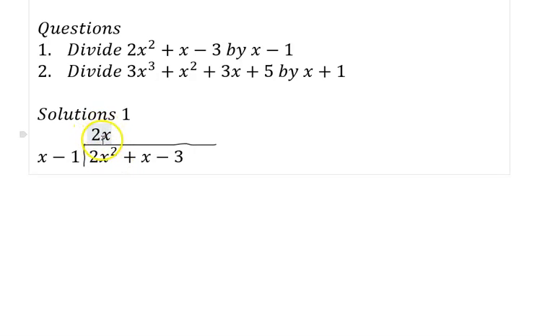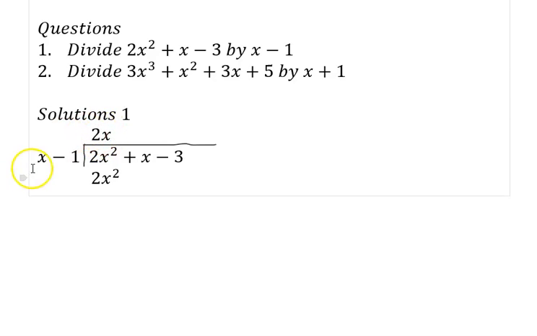You now say this 2x times this x. 2x times this x will give you 2x squared. Let me come again. x in 2x squared will give us 2x.